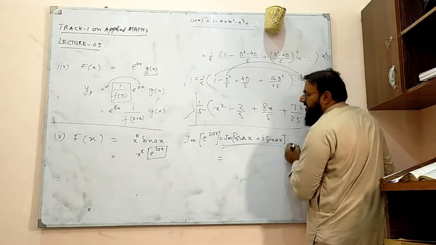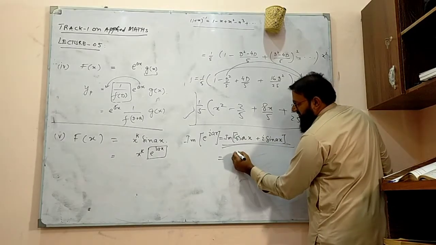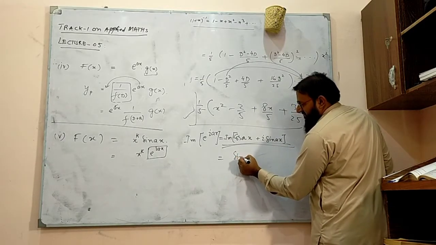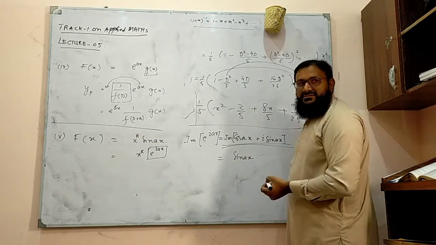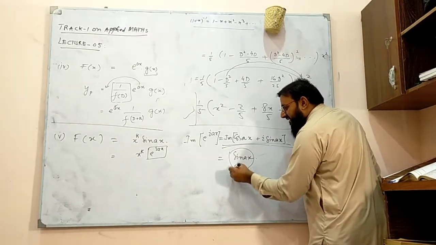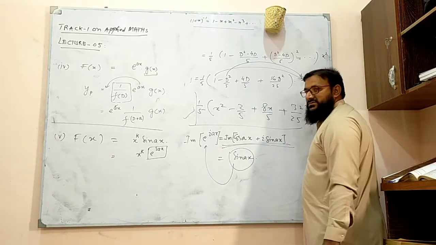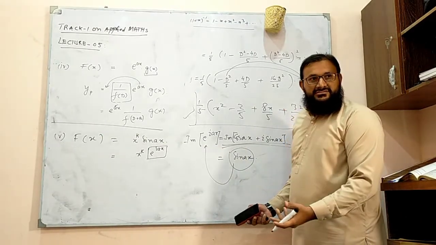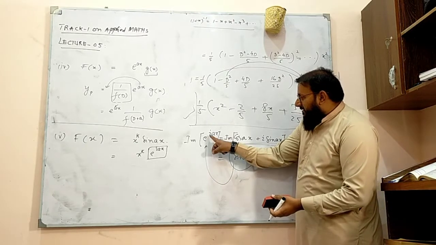The imaginary part of this side is sin ax. So I can write sin ax as the imaginary part of e raised to i ax.